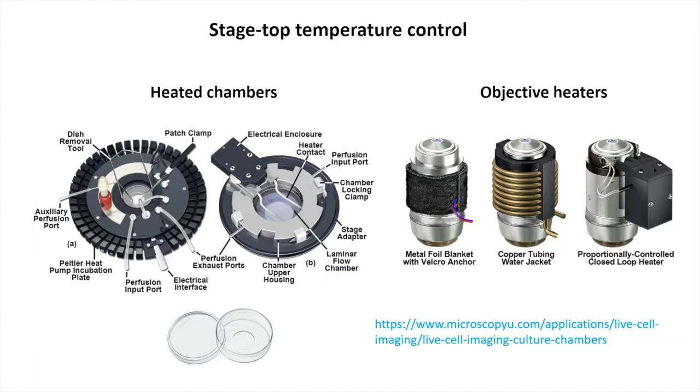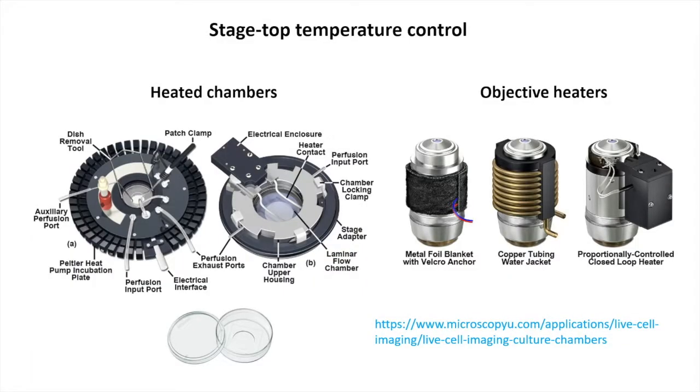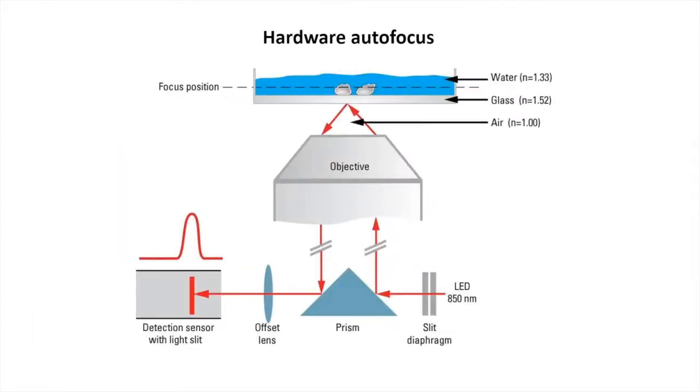But if you choose this as opposed to the enclosure that heats the entire system, including the objectives, you then have to go with objective heaters to equilibrate temperature across the dish. Otherwise, the objectives are acting as a huge heat sink, and you're not going to have uniform temperature. So there are a number of ways to do this, and then for humidity and CO2, there are additional gizmos that you have to hook up and make sure that they can control what they need to control in terms of homeostasis and cell viability.